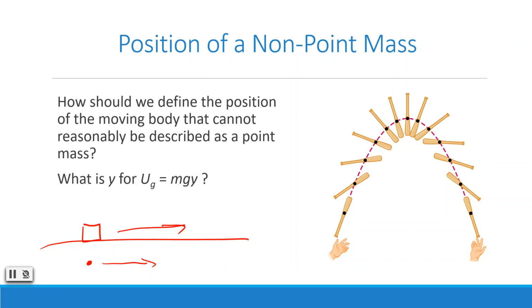So if you look at this bat that's being tossed up in the air, the end of the bat goes through one set of motion. You can trace what's going on with the end of the bat. And at the same time, the other end of the bat is going through a completely different set of motions.